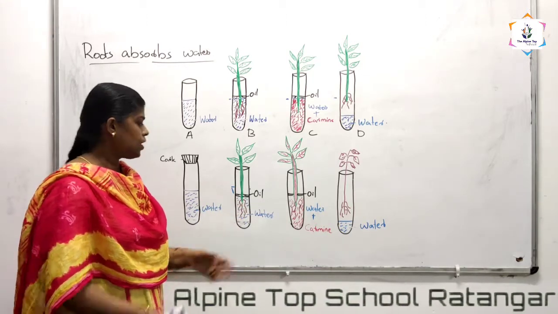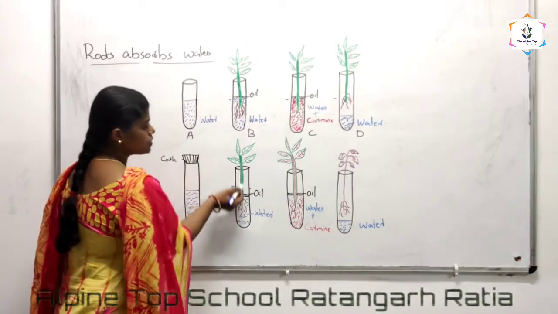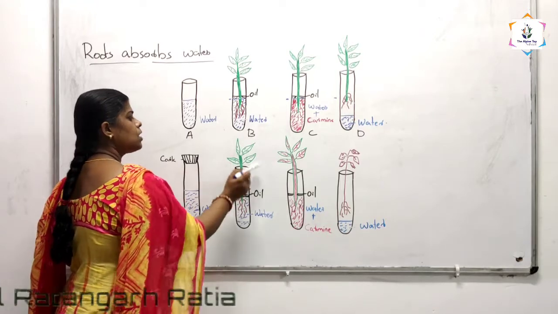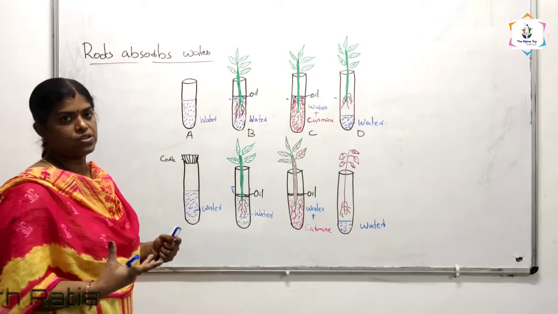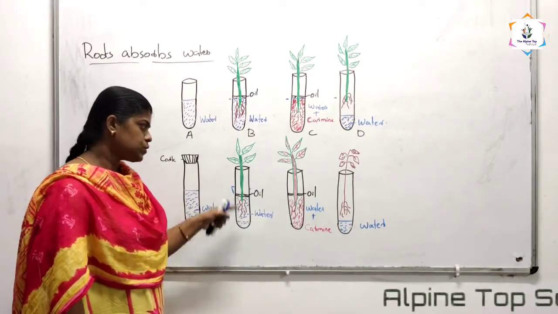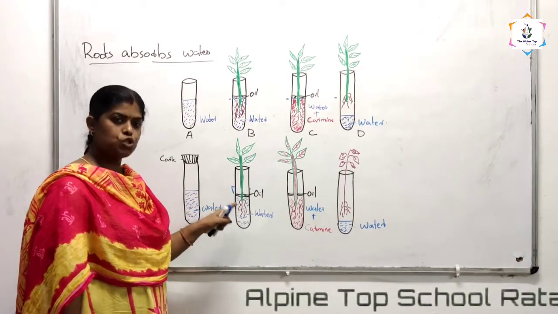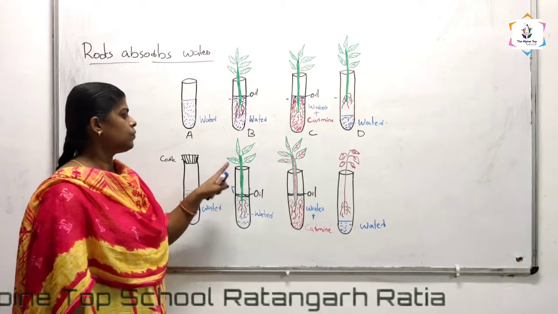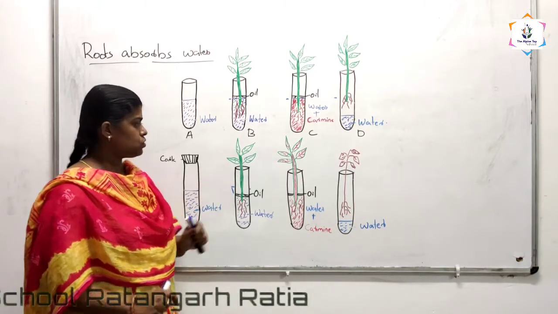Where did it go? The roots absorb this water. That's why you can see that the balsam plant is still fresh. It was absorbing the water from the tube, so the level of the water decreased and the plant is fresh also.